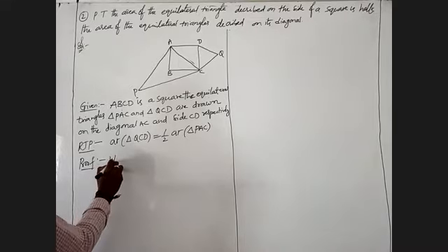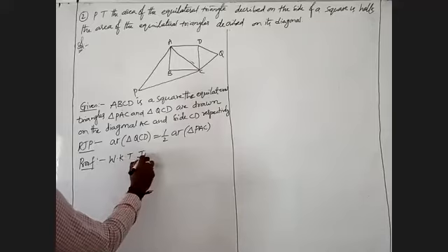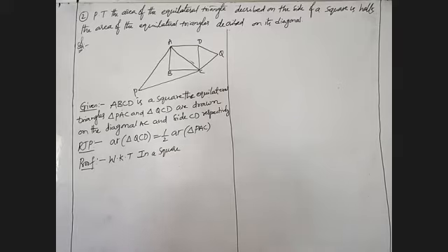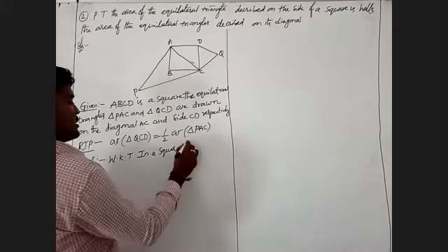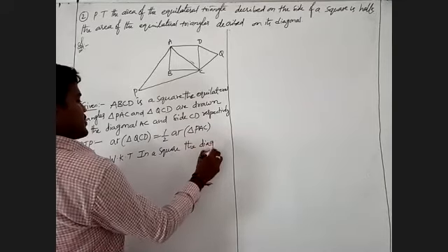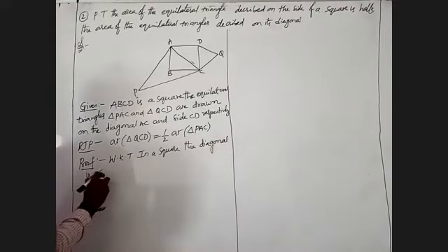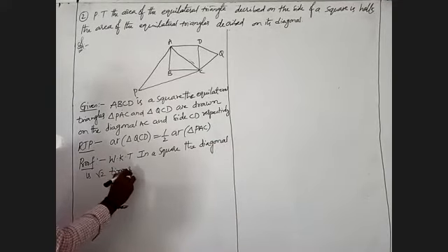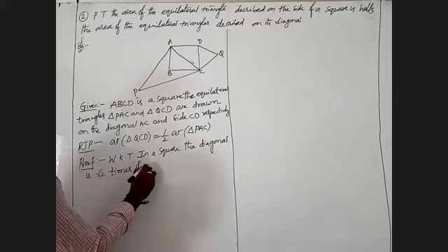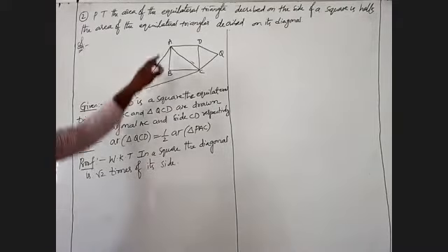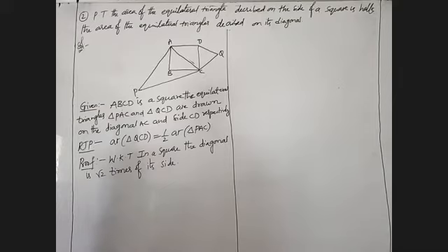We know that in a square, the diagonal is root 2 times its side. I will write that. Here the diagonal is AC.